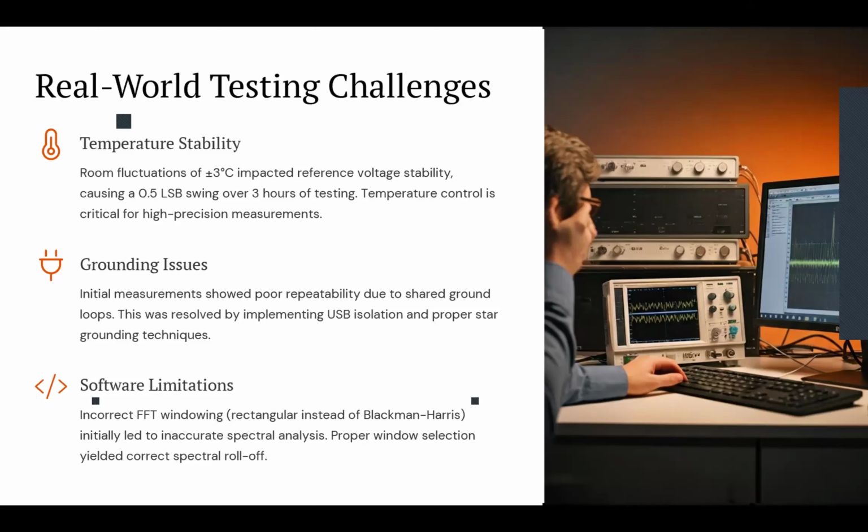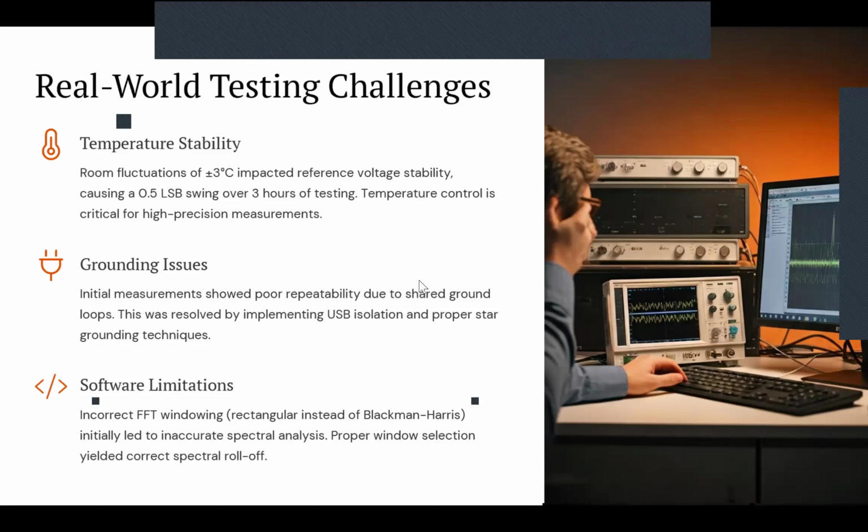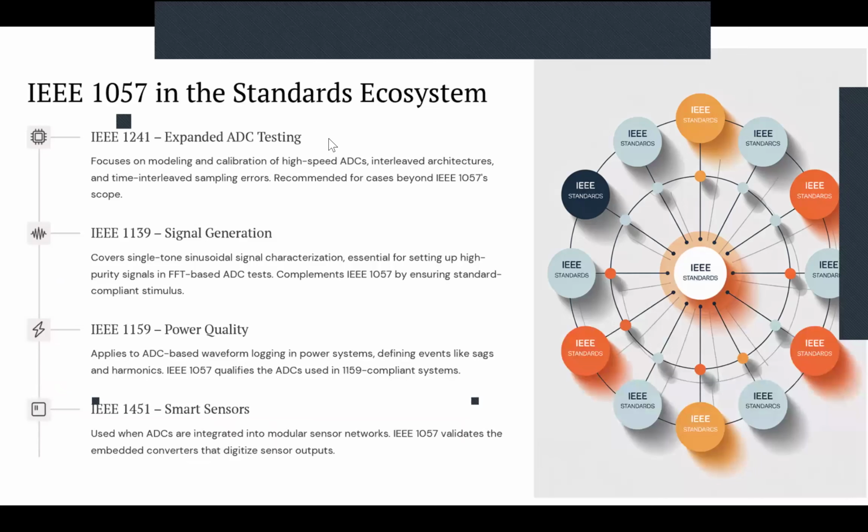Or we can use a more sophisticated window like the Blackman-Harris window, which helps to have better side lobe suppression. So these are the different challenges that we may face in testing the ADC.